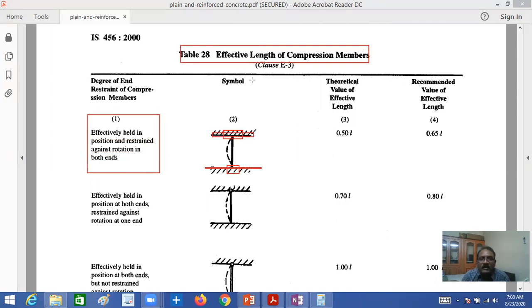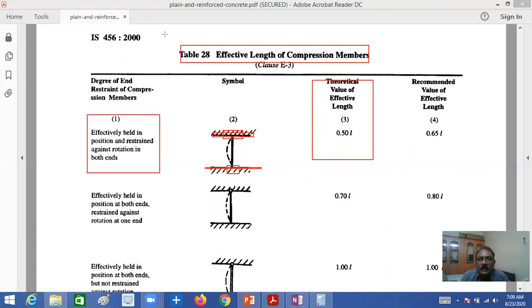Then what is the effective length? We have to consider according to the codal provision, that is IS 456 Table 28. The theoretical value you have to consider is 0.5 L. So suppose your unsupported length is L, your effective length is 0.5 L theoretically. Suppose this length is 6 meters.